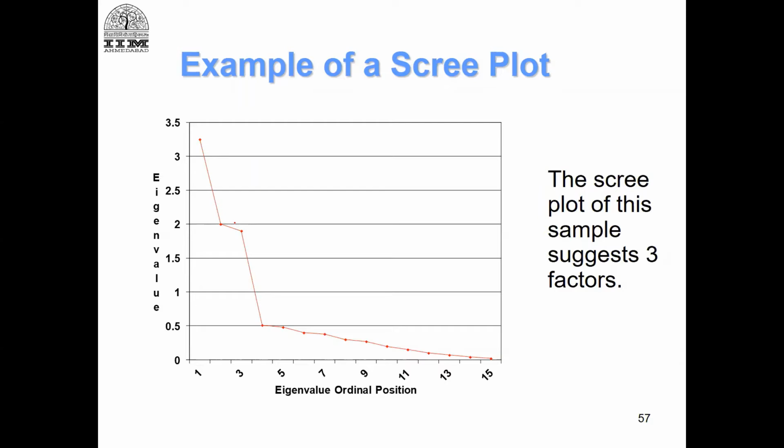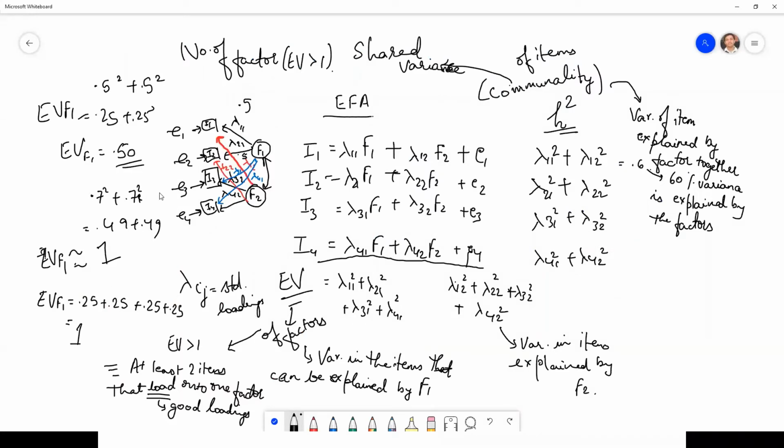I would say retain factors which have three items, but a minimum of two should definitely be there. Try to retain factors that have three or more items loading onto one factor with good loadings. Good loading means anything above 0.5, preferably above 0.7, because now you know why we are saying that the loading should be high. If the loadings are high, then you are saying that factors extract more and more variance out of the items.